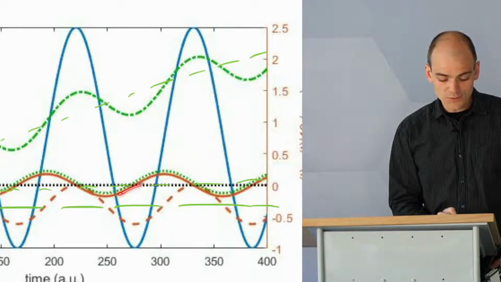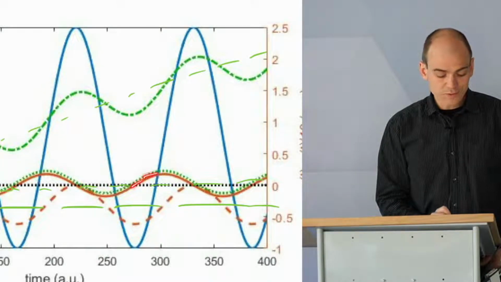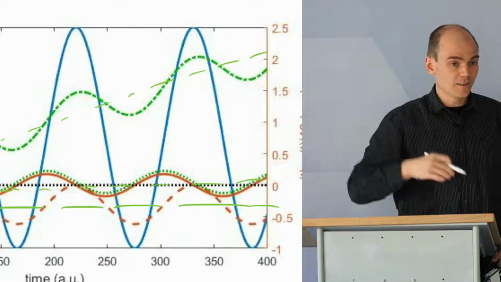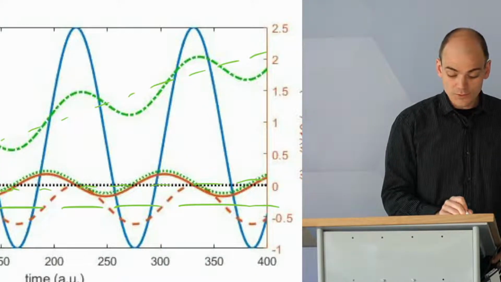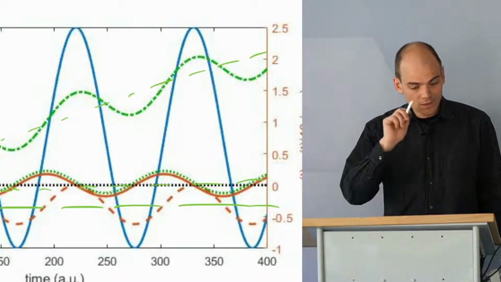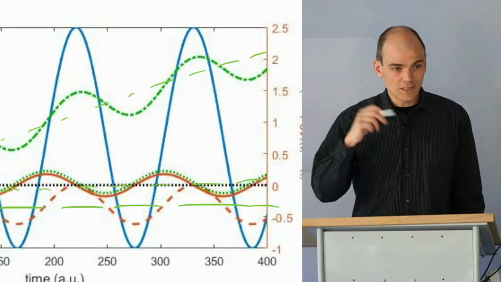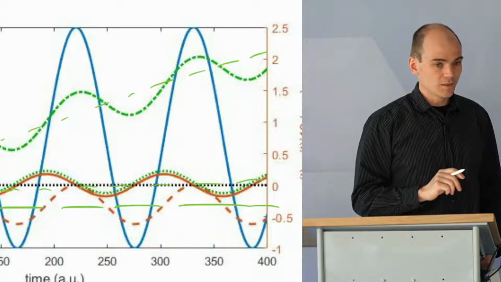The average of the continuous line is 0, but the average of the dotted line is slightly different from 0, actually slightly positive. And the consequence of the slightly positive value is that this electron trajectory, x of t, drifts away slowly from the center.